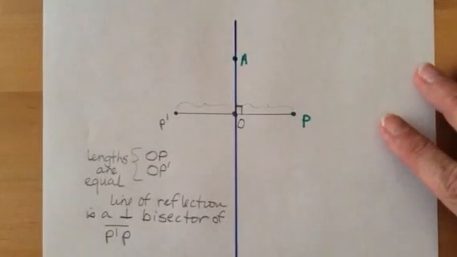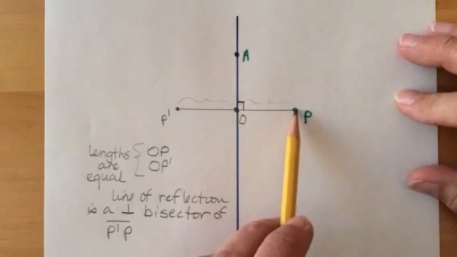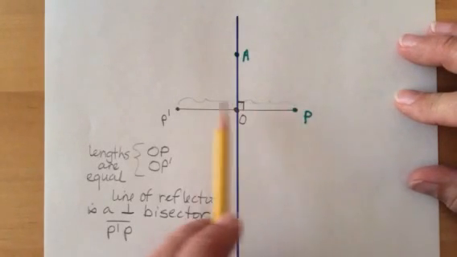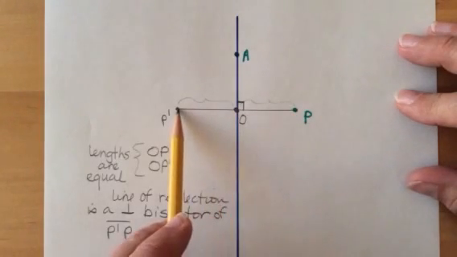And that's going to be important when you're doing these reflections. We're going to do some on the coordinate grid too. And just to know that that reflection is going to be the same distance directly opposite the line of reflection.